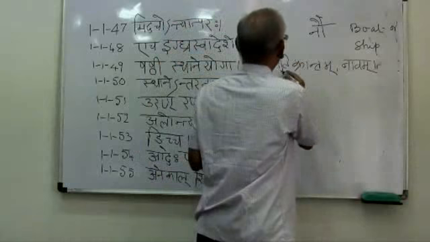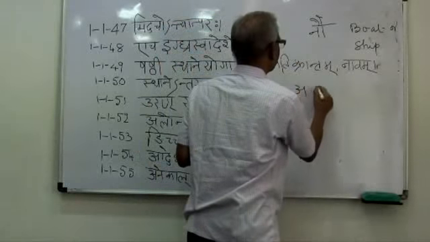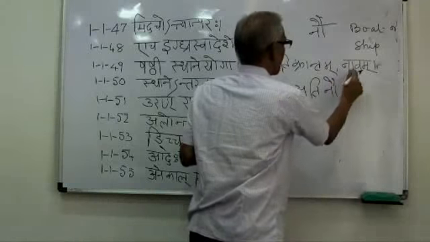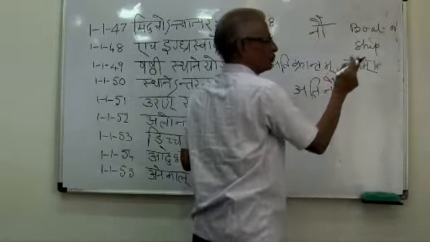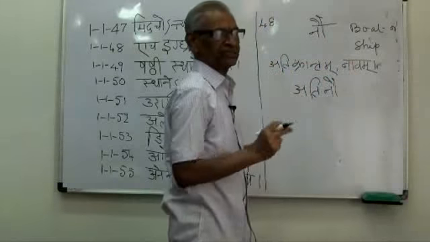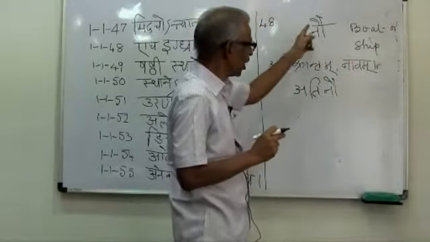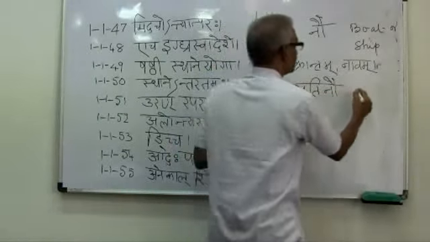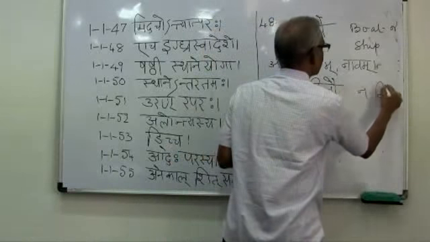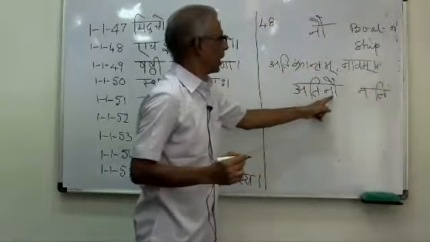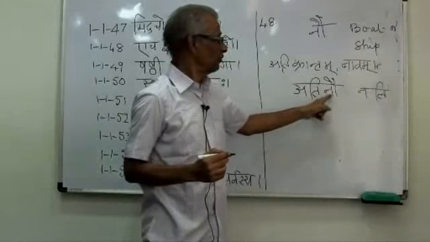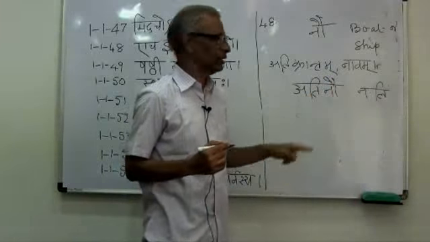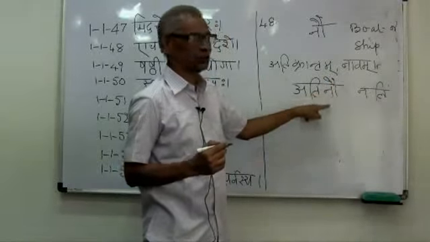In that sense, if you make a samasa with ati, with this nau, navam is the dvitiyanta of nau. In constructing a samasa, we have to take the pratipadikam only. Ati plus nau. So this has become a napumsakalinga shabda. Aukarantaha. So by this rule, hrasvo napumsake pratipadikasya, we have to convert it into hrasva letter.